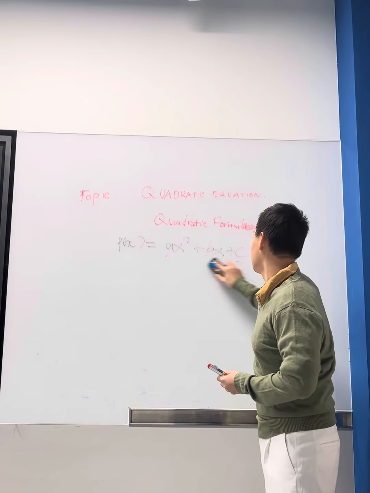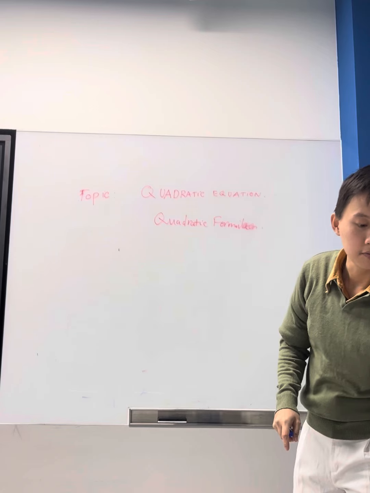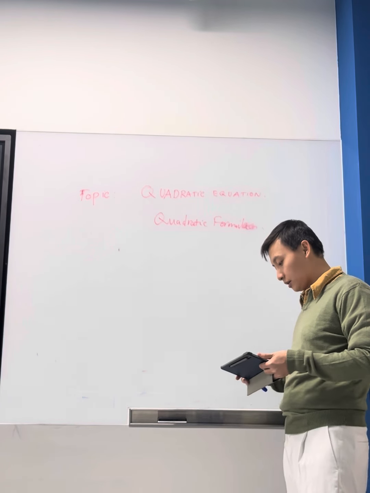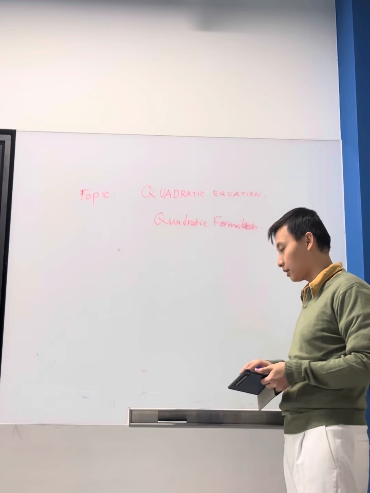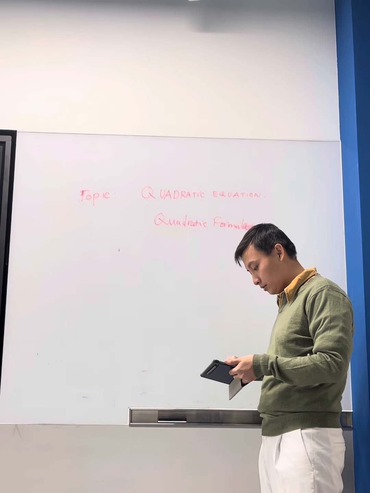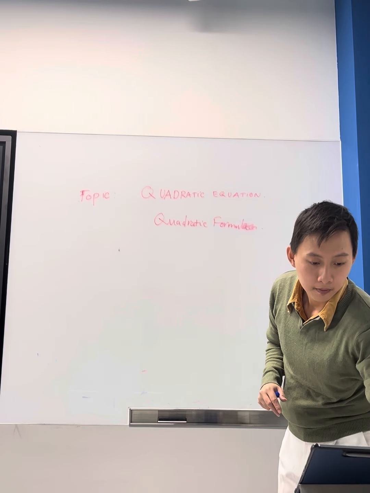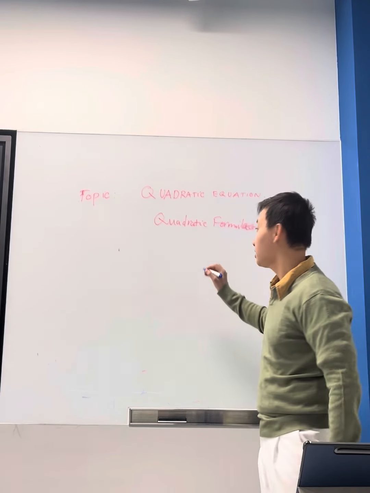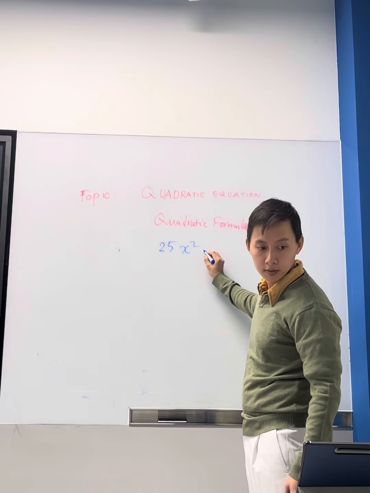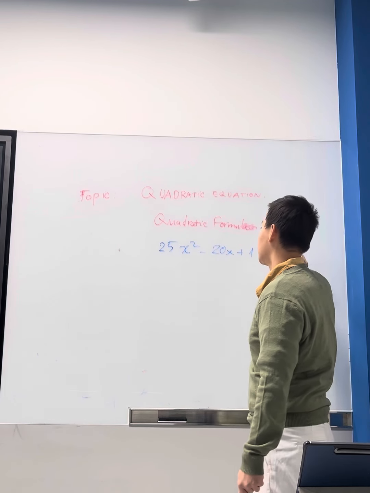So for example, I have an example here for you to practice for the quadratic equation. Let's look at the screen. I choose this question: 25x squared minus 20x plus 1 equal to 0.